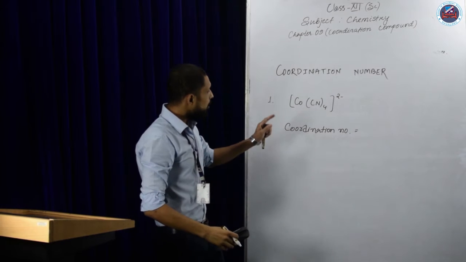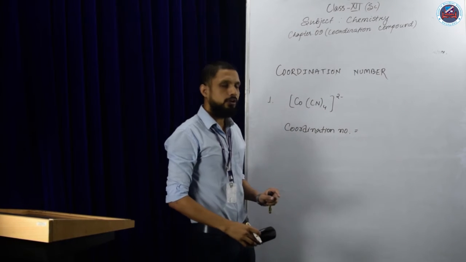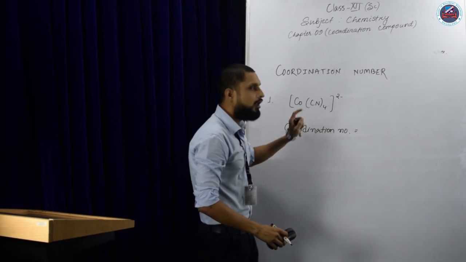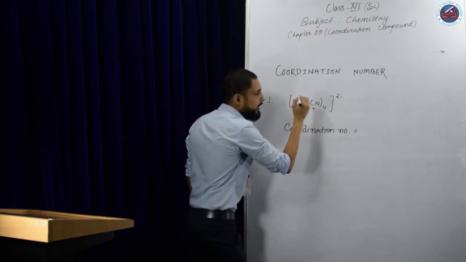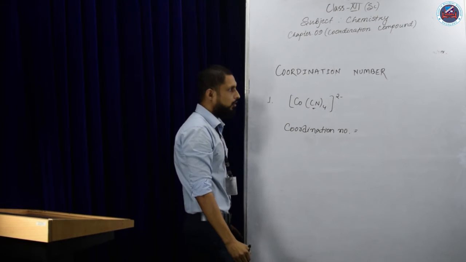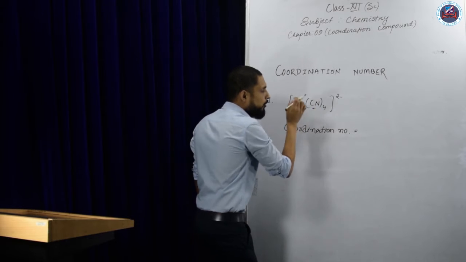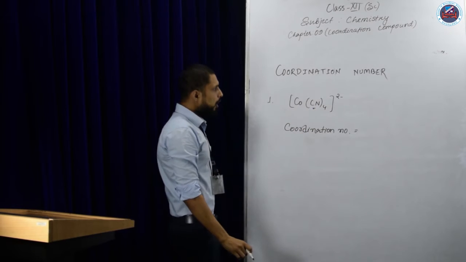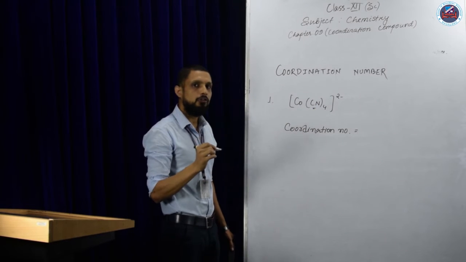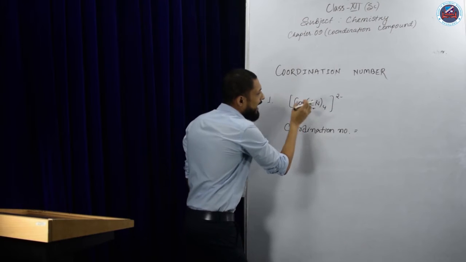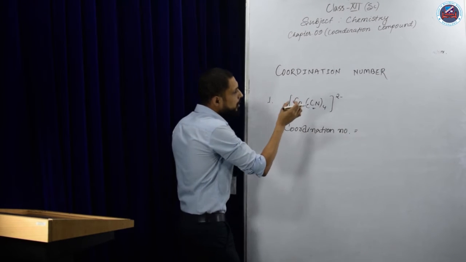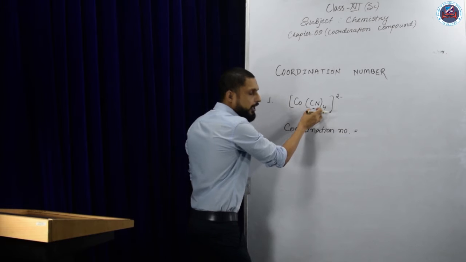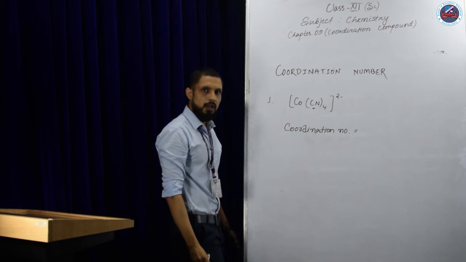Now for calculating the coordination number, you have to check the ligand. Now here you have only one type of ligand, that is CN, cyano, and you have 4 CN. So first you find out what is the number of donor atom in CN. You can check the table, you'll find the number of donor atom in CN is equal to 1.